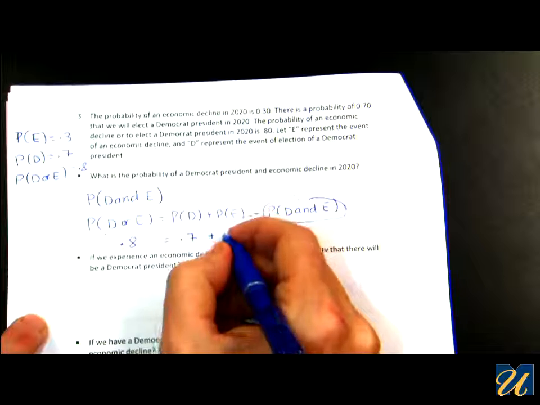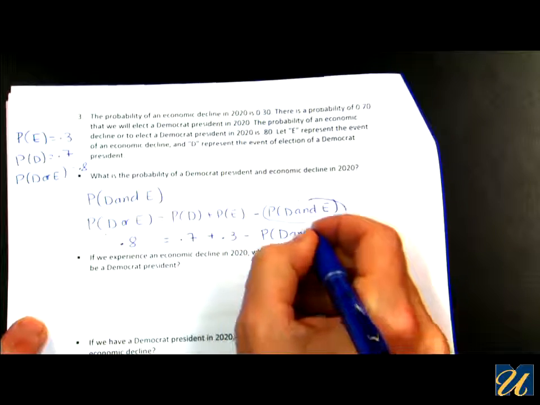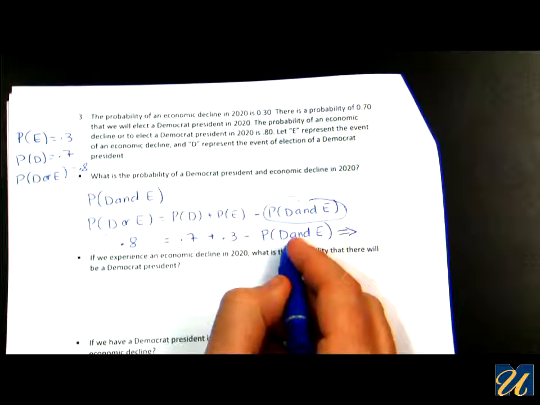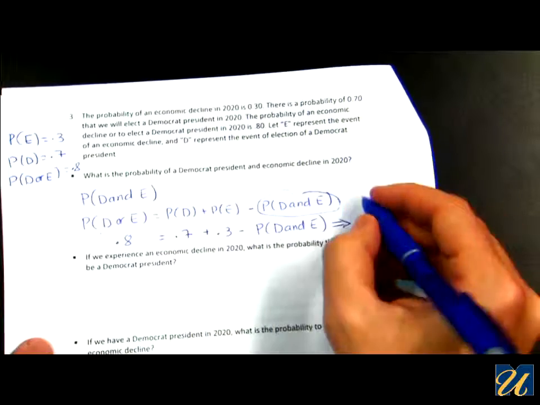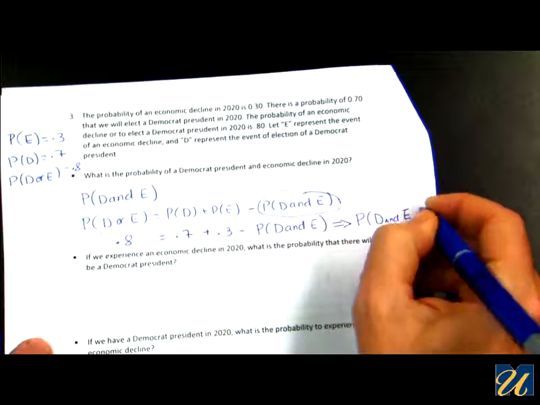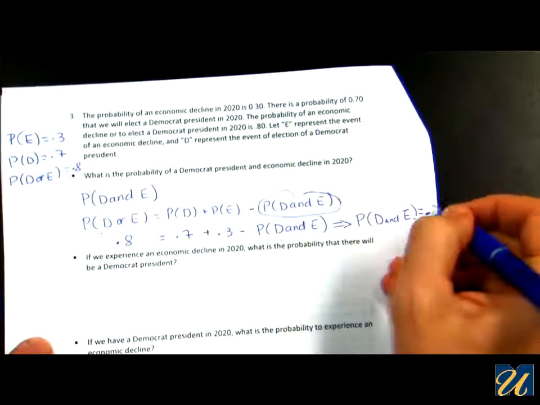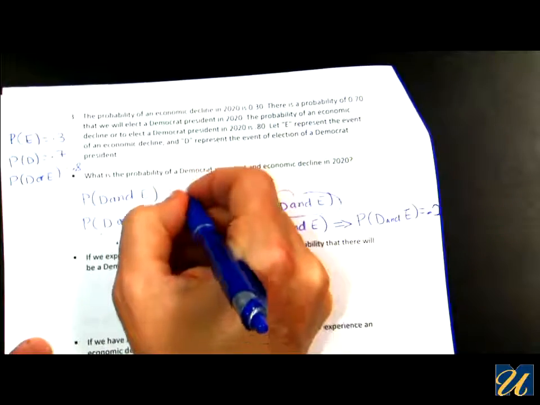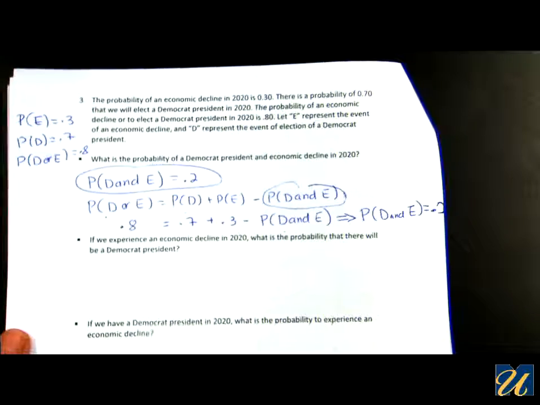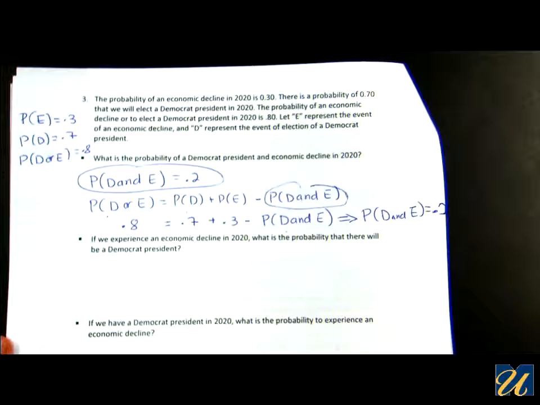Probability of E is 0.3 minus the probability of D and E that I'm looking for. We solve for the unknown, and once we do that, the probability of D and E will be equal to 0.2. You bring the unknown on this side and this on the other side, and you solve.